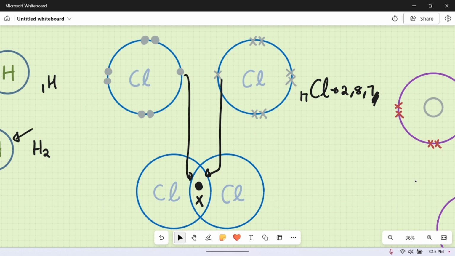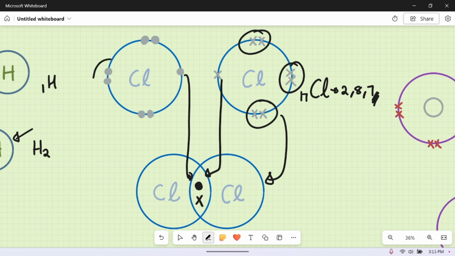a full shell. However, here's the trick. A lot of people tend to forget this and lose marks for this. Sure, these are the shared pair of electrons, but chlorine here still has these electrons that are not drawn in here. Same applies for this chlorine. They all have to be drawn. You need to show all the outer electrons, not just the covalently bonded ones.